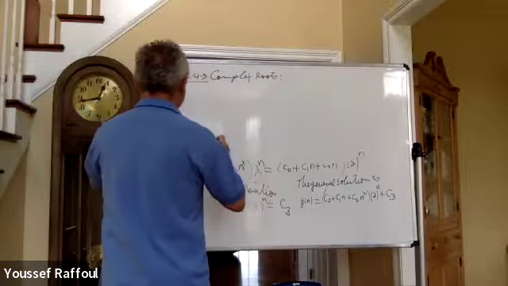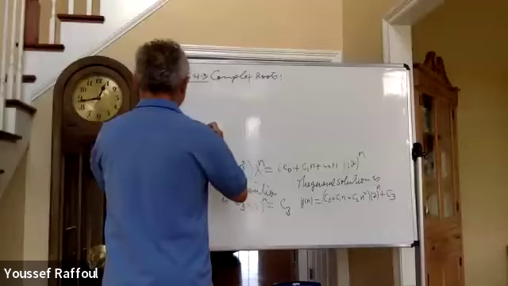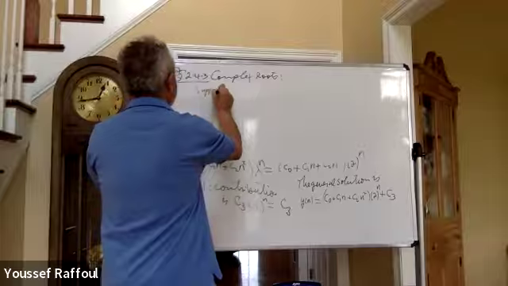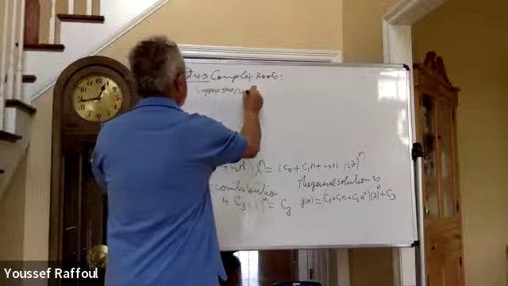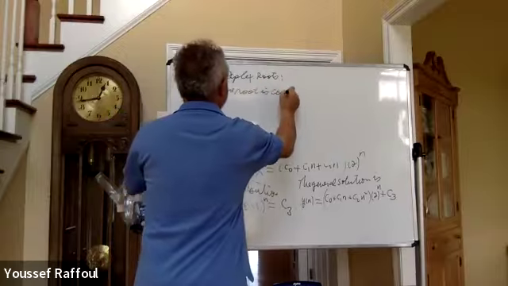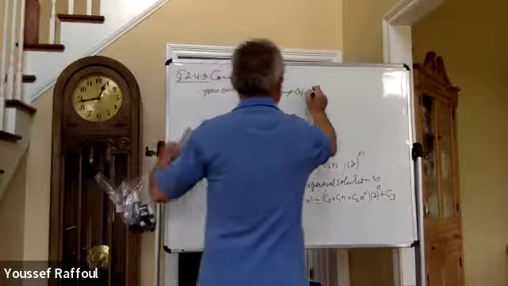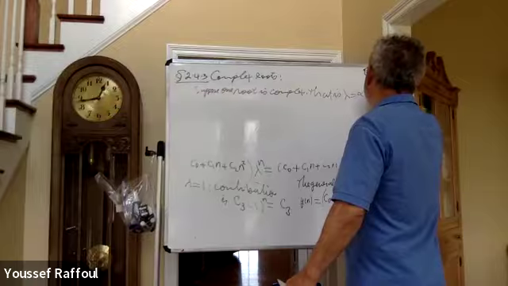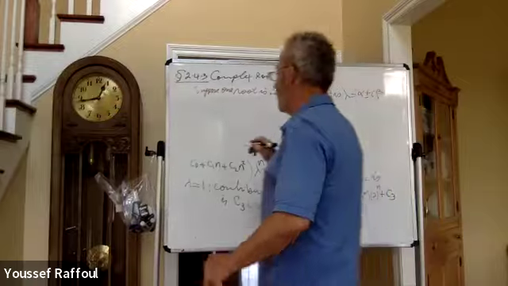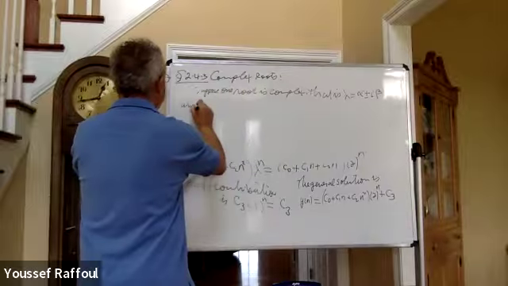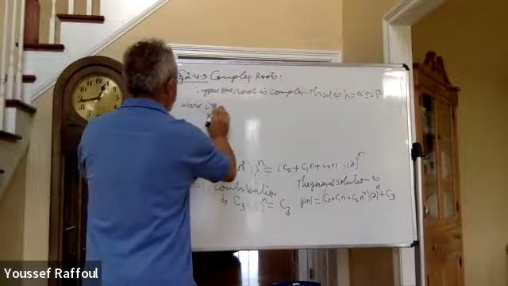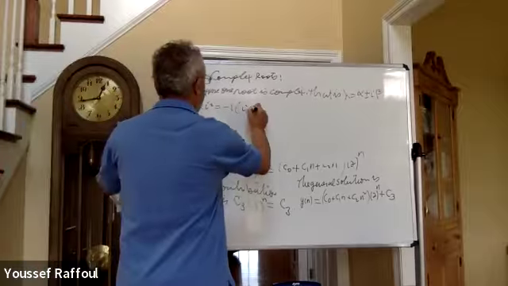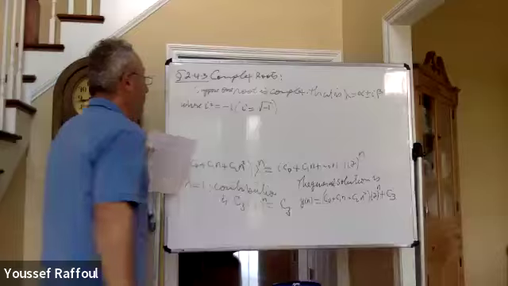So we're gonna assume one root is complex. That is lambda equal to alpha plus or minus i beta, where i squared equals minus 1, or i is the square root of minus 1.